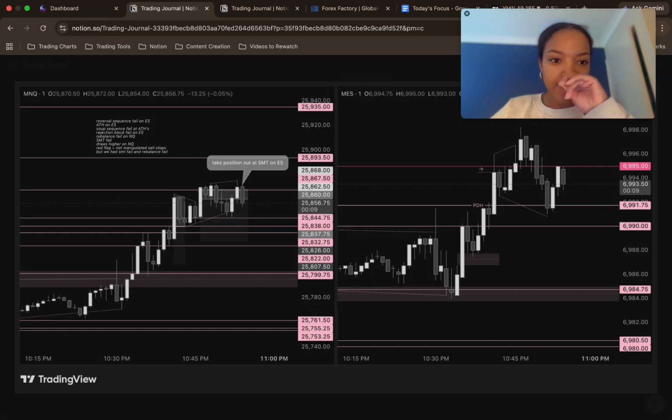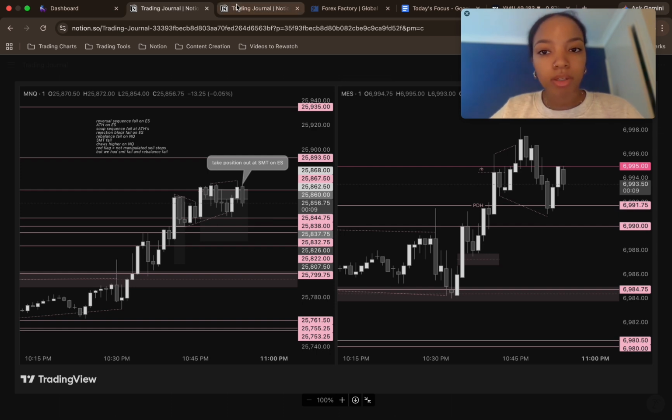Let's just double check this setup. So yeah, we put in that bearish SMT and we failed it. You can see we failed it on ES, but what's interesting is we never revisited above that high on ES, so I think that it was a smart decision. Because we had reversal sequence fail here as well, but we didn't wait for the rebalance or respect of the reversal sequence fail. So that could have potentially been a good idea, but I do like that I entered aggressively on the SMT fail.